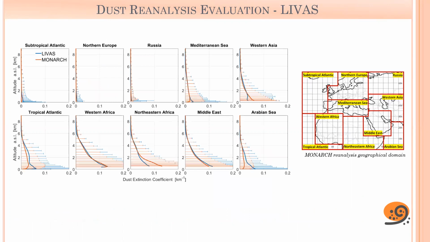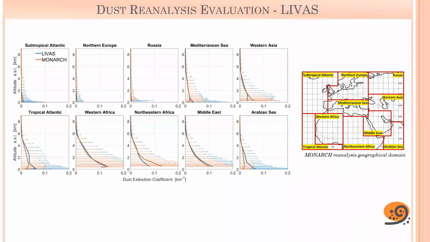The mean regional profiles show a dust elevation up to 6 km for all the subregions apart from the remote ones. The Monarch and the LIVAS profiles are almost identical over the dust source regions of Western Africa and Middle East, and for altitudes over the PBL in the Mediterranean Sea and in Western Asia.